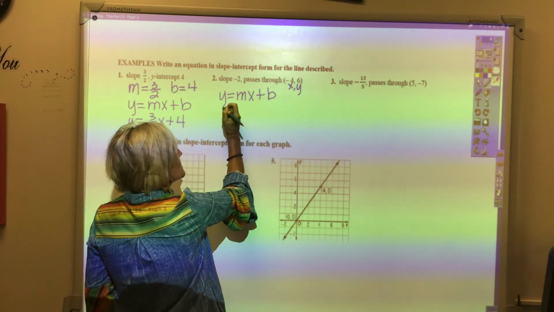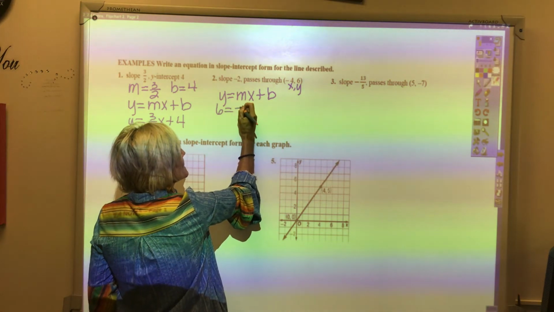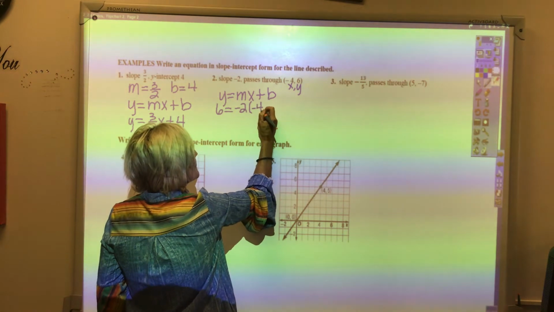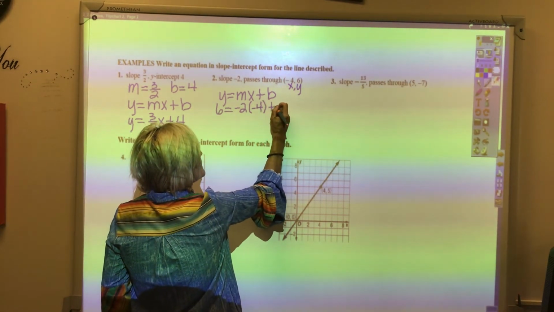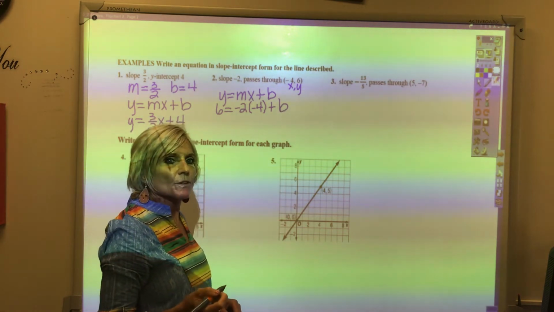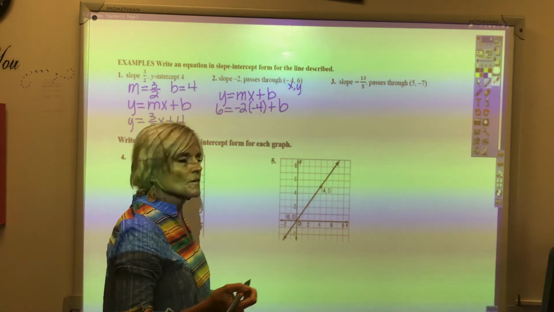So we substitute in 6 for y, set that equal to -2 for m times -4 for x plus b. So we're going to solve this for b, and then we're going to write the formula with m of -2 and our value of b.